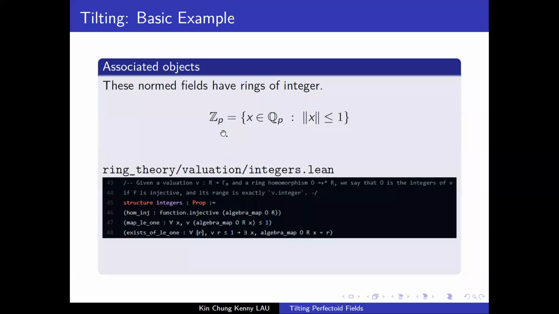So what we do in this case is introduce a very important concept in Lean, called the characteristic predicate. Rather than specifying one object, we specify what it means to be a ring of integers.